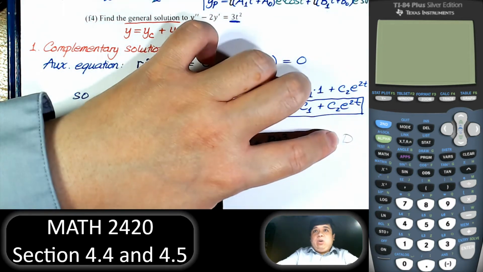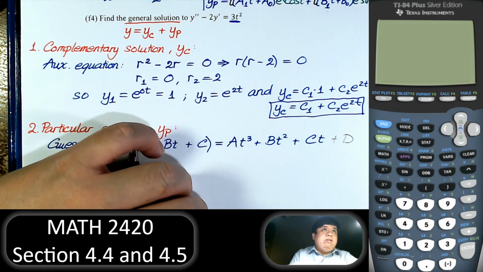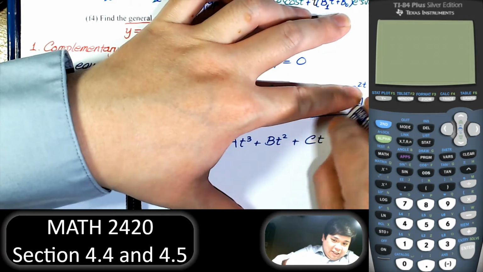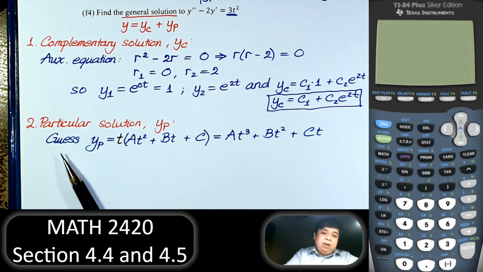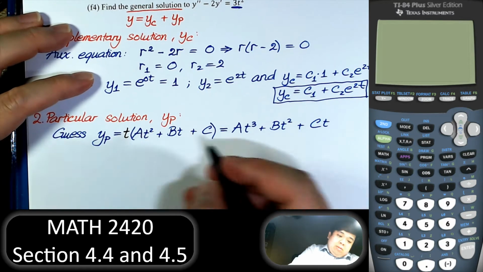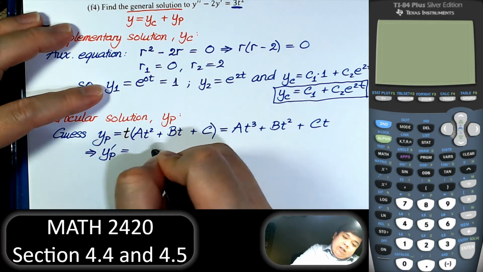So even though we can write a constant here too if we want to, it's not going to affect anything. Right, so that is the guess. In that case, we can go to the derivative.